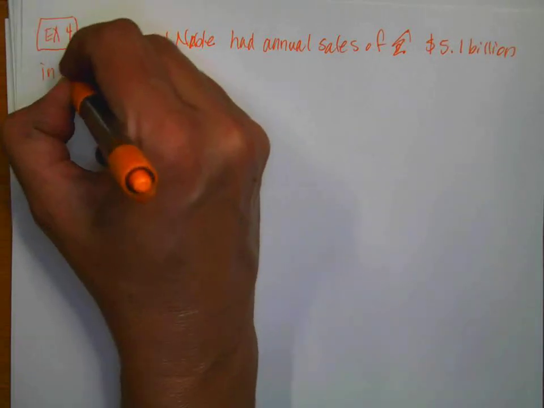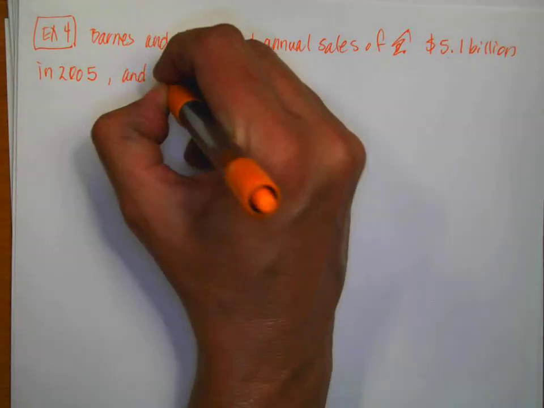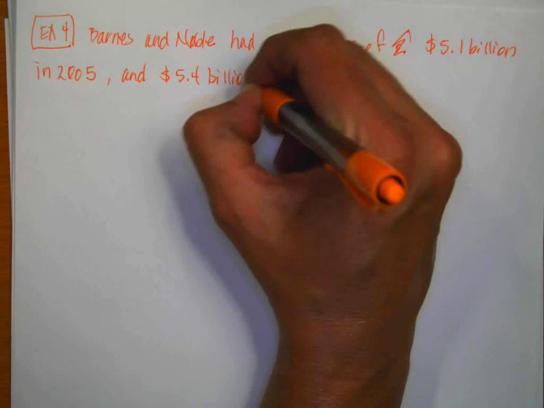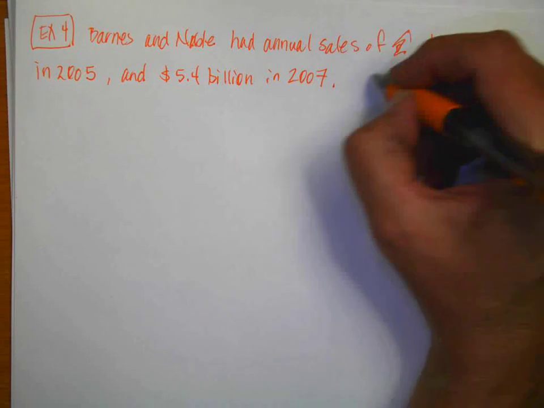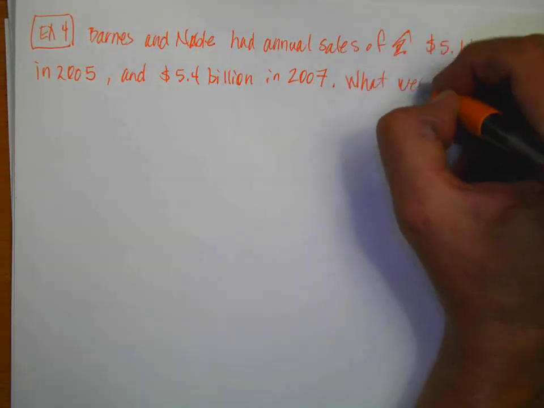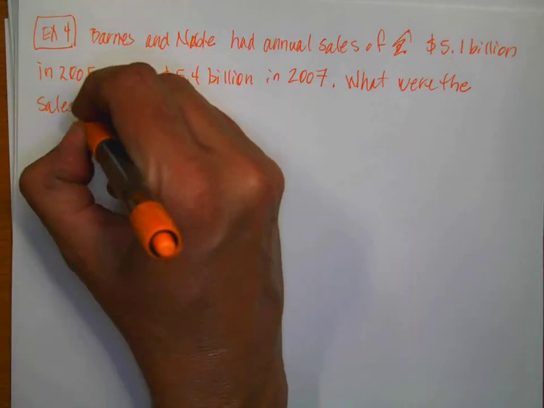See, I told you our information was a little bit old. And then it had sales of 5.4 billion in 2007. And my task is, what were the sales in 2006?